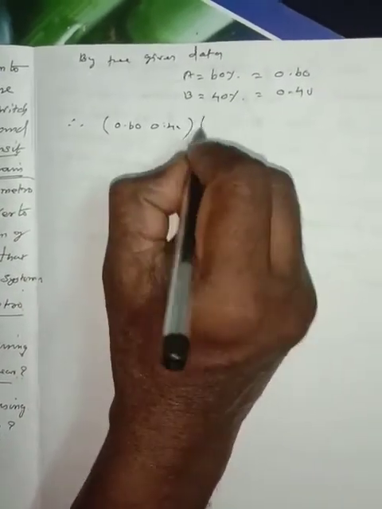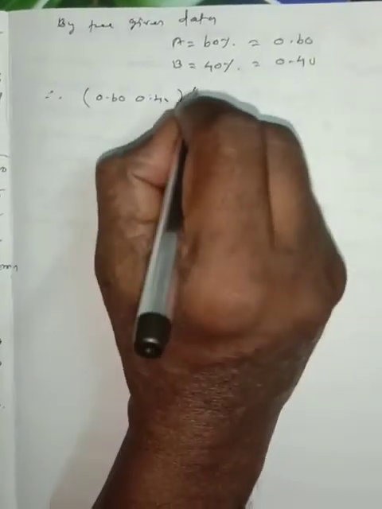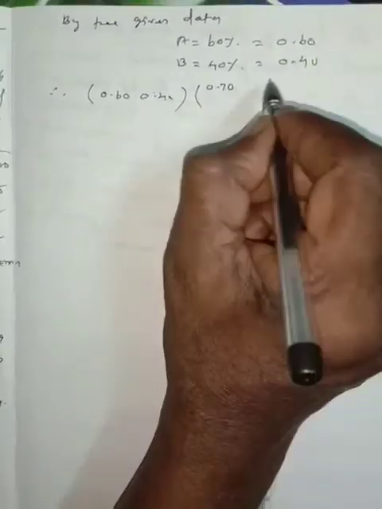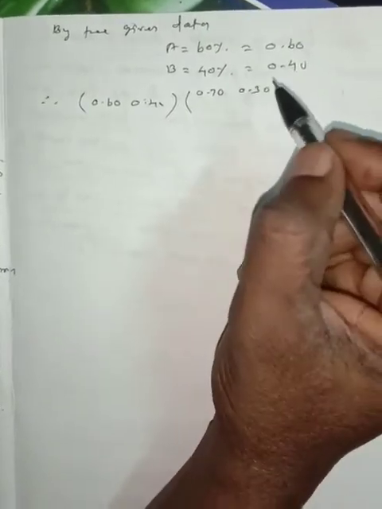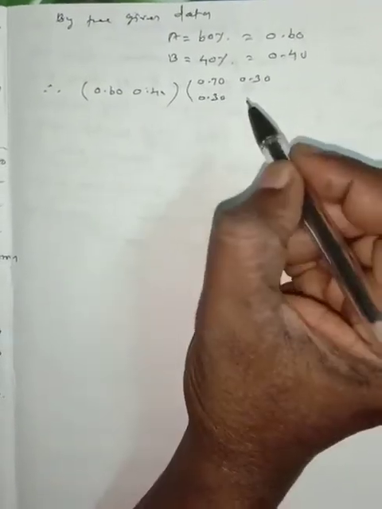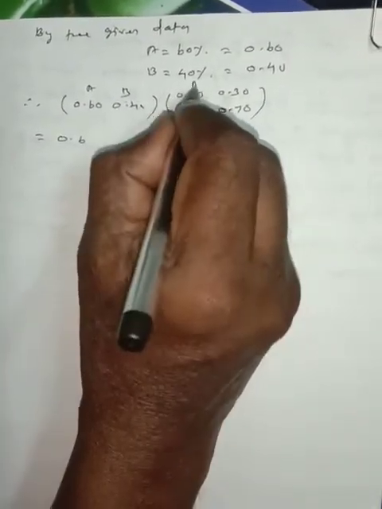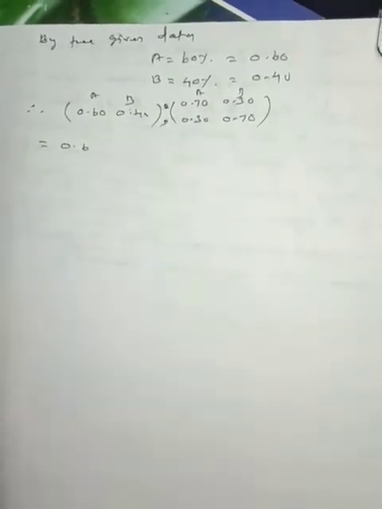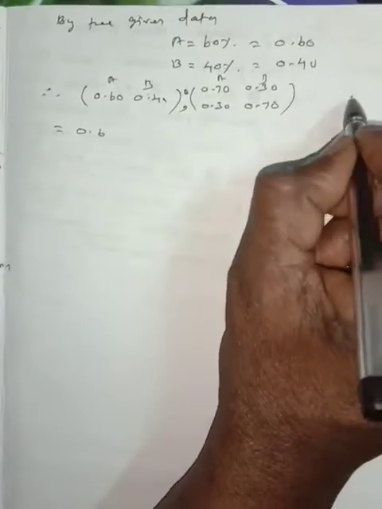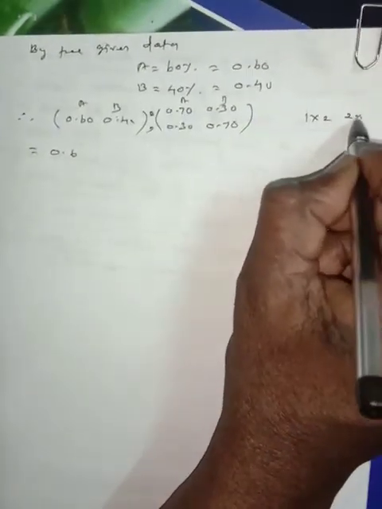Therefore we multiply 0.60, 0.40 into the transition matrix 0.70, 0.30, 0.30, 0.70. This is a 1 cross 2 matrix and this is a 2 cross 2 matrix, so the answer becomes a 1 cross 2 matrix.